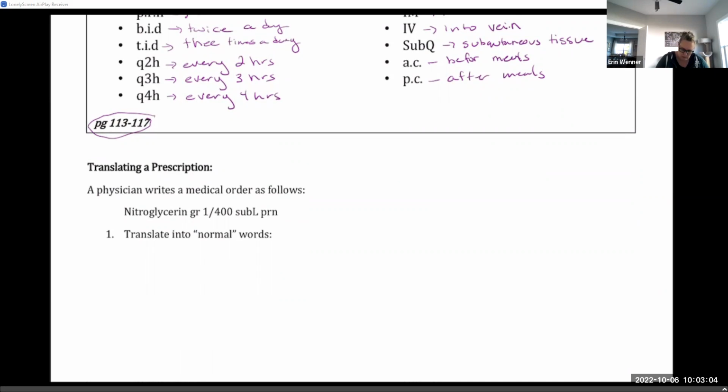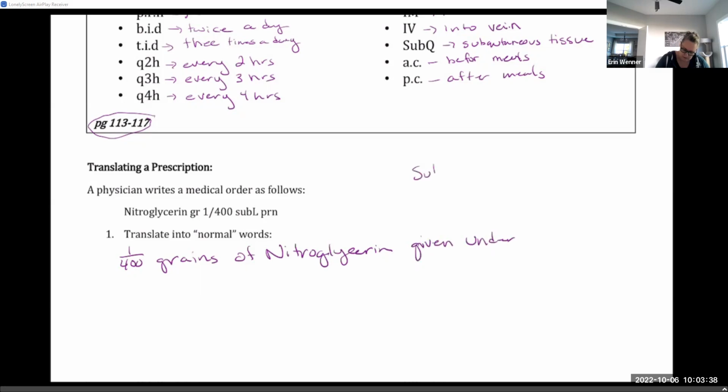So the GR 1/400 means 1/400 of a grain or grains of nitroglycerin. And then sub-L means under the tongue. Sublingual is also another way that you'll hear it referred to.